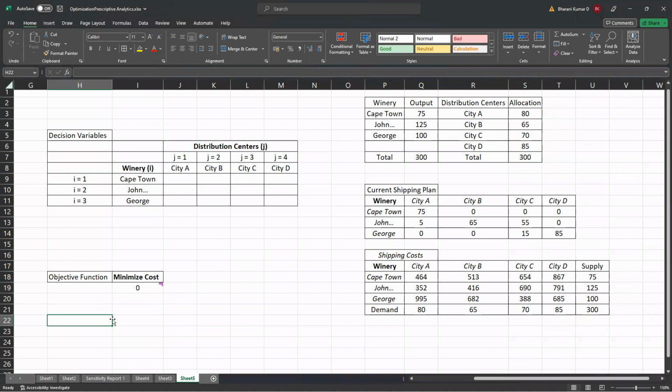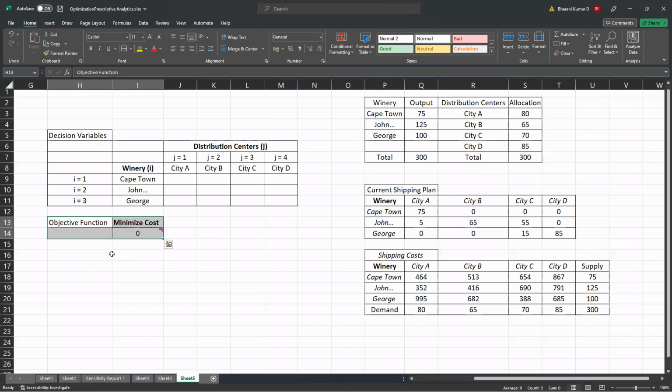Then constraints. We should not forget the constraints. What are the constraints now? We have supply-related constraints and we have demand-related constraints.